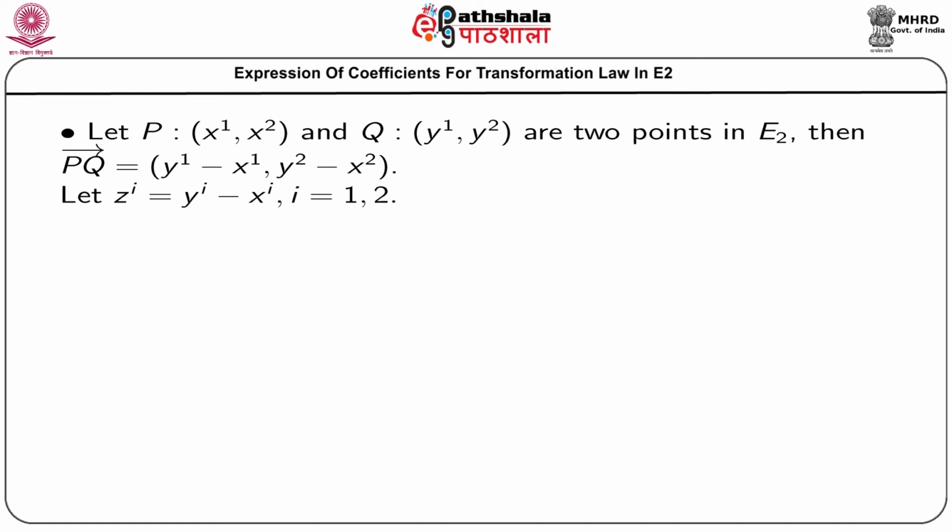Now, suppose P is a point (x1, x2) and Q is another point with coordinates (y1, y2). Then PQ is a vector which can be written as (y1 minus x1, y2 minus x2). It is written in terms of components.